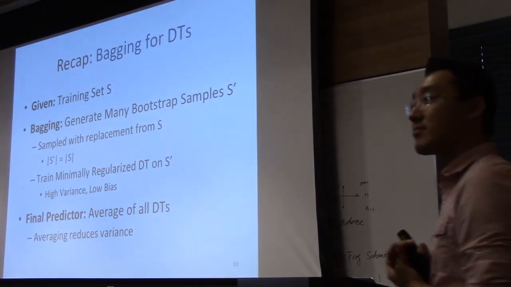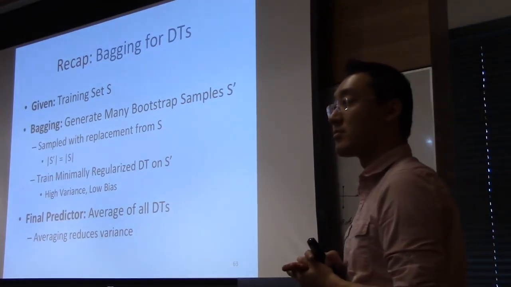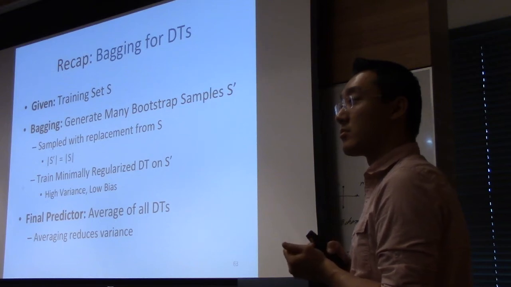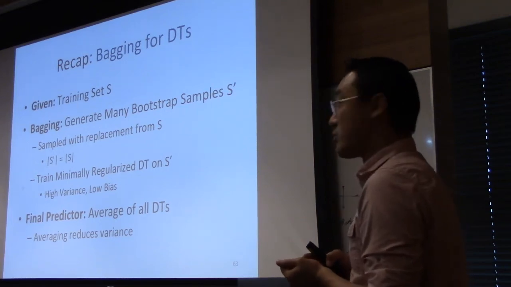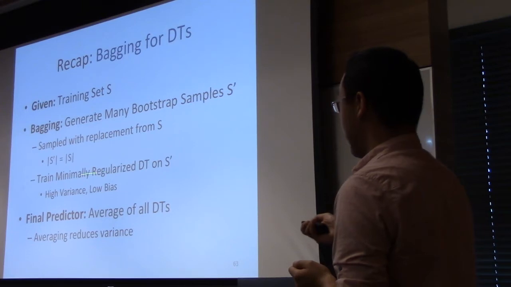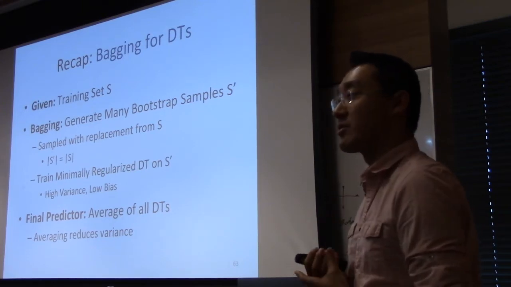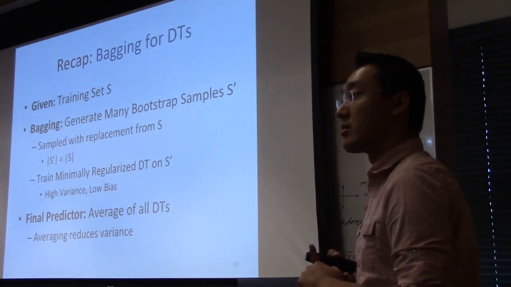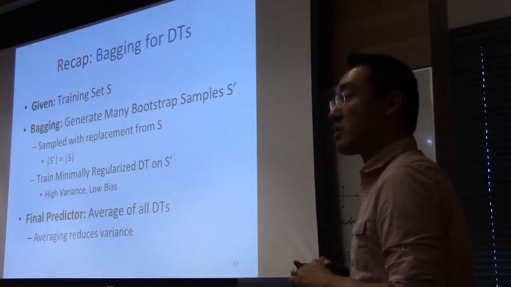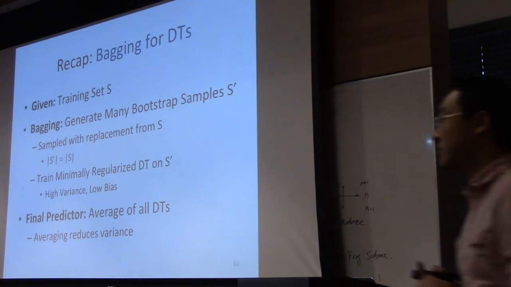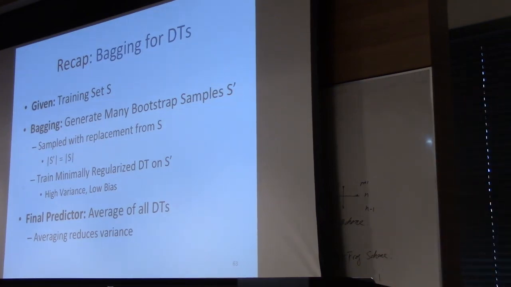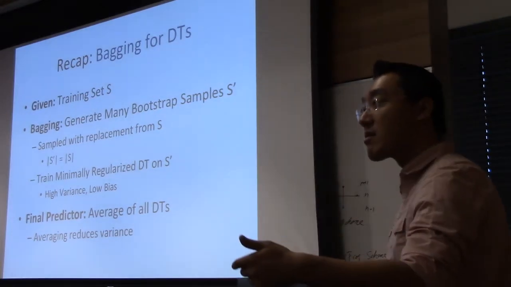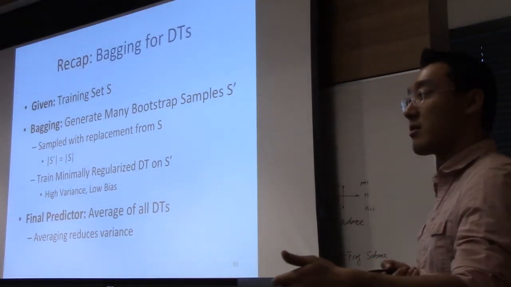Is bagging conceptually the same as k-fold cross-validation? No. There's no validation here. We're keeping all these trees and just predicting their average. K-fold cross-validation is a way of using your data set so that you can use all of it to measure your test error, right?